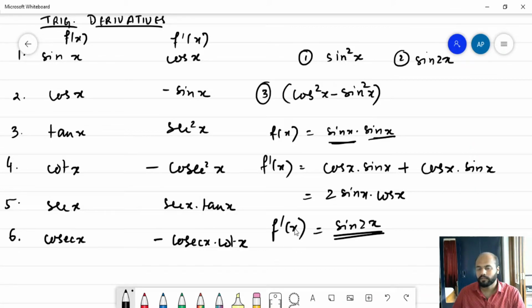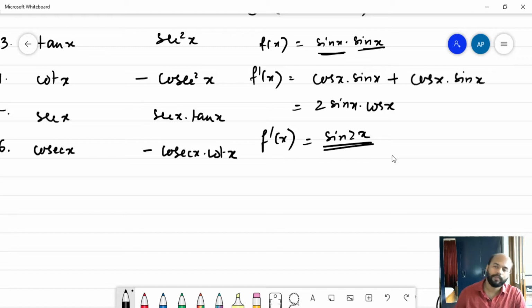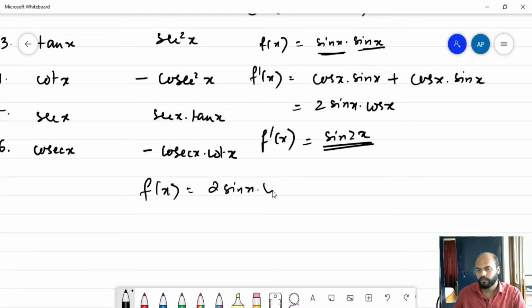Let's take up the next one. The next one is sin 2x. Now for sin 2x, the best way to do this is probably to break it down. So we can break it down as 2 sin x cos x. We will find the derivative of this term. So basically, first take sin x as u, whose derivative would be cos x, into this cos x as it is.